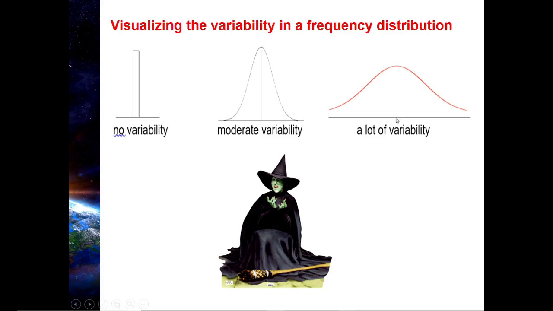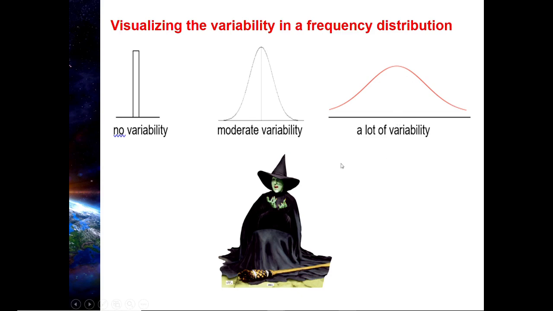Same thing over here. The scores are becoming even more dispersed. Not only do we have most people scoring around the mean, but we have a lot of people out here. Over here in the tails, we didn't have very many people. Now we have quite a bit of people in the tails. So that tells us that the dispersion is increasing.